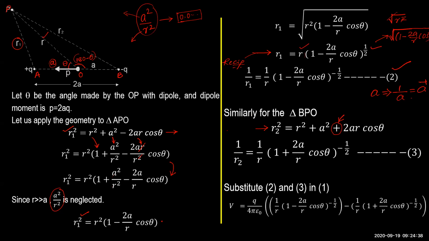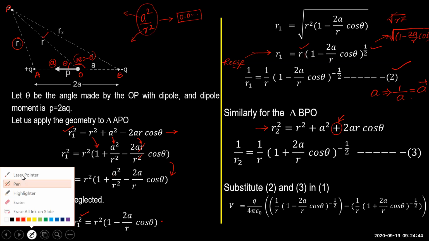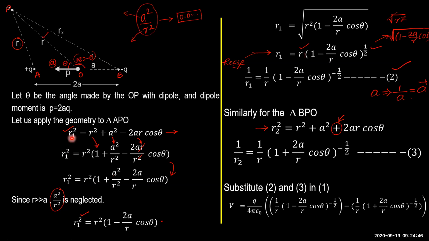Now if we apply all the procedures that we have adopted here from this point onwards, r1 square is equal to, by taking r square common, then neglecting a square by r square, right? So all these steps, if they are repeated here, then we get equation number 3. What will be that equation?